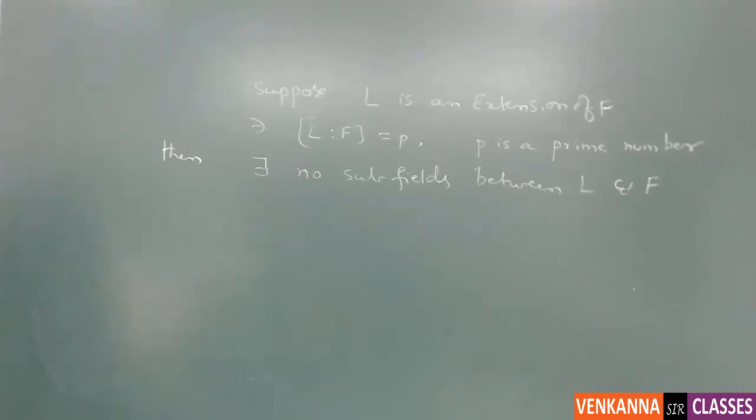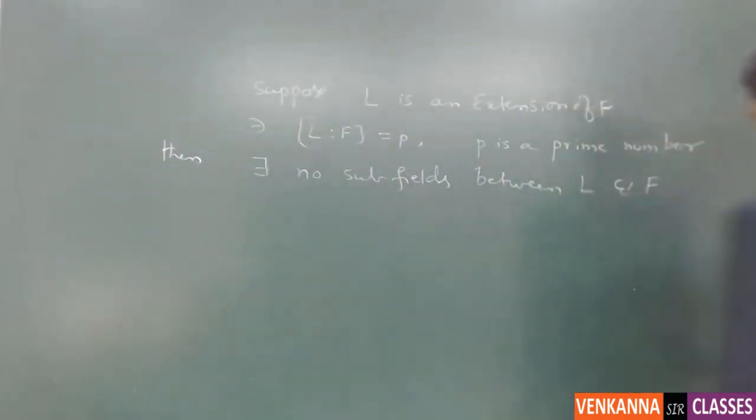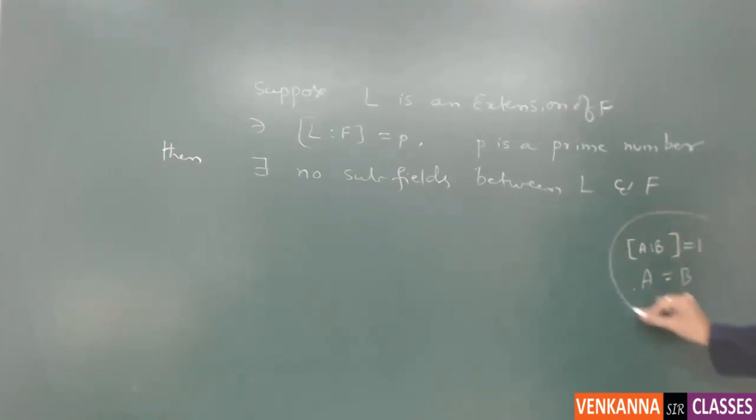Right? Now, if you understand the previous part, it says that whenever [A:B] is equal to 1, immediately A is equal to B. This is what we learned in the previous result.